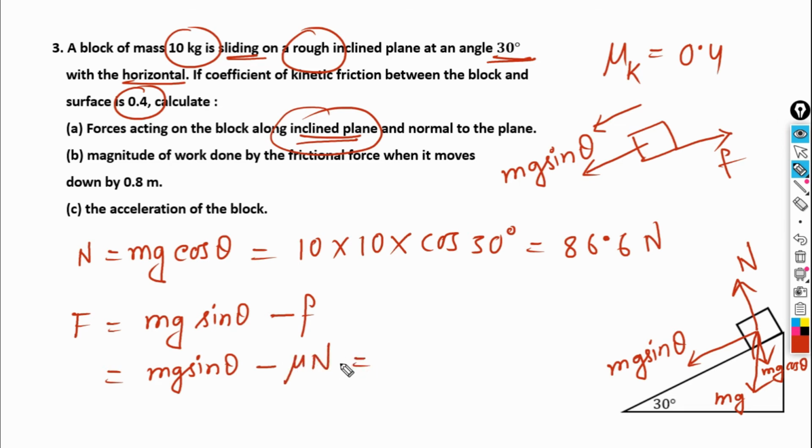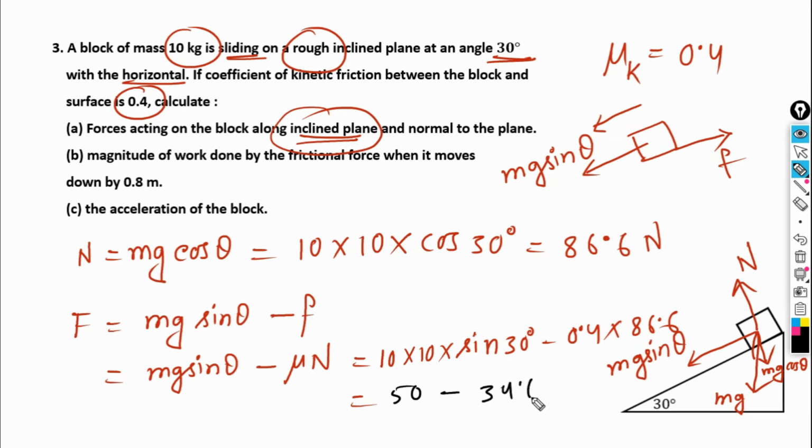So mg sine theta means 10 into 10 into sine 30 degree, minus mu, which is 0.4, into 86.6. 10 into 10 is 100, 100 into sine 30 is 50, minus 0.4 into 86.6, which is 34.64.